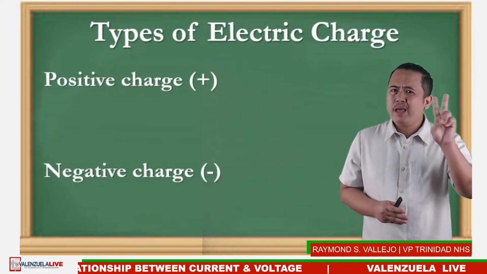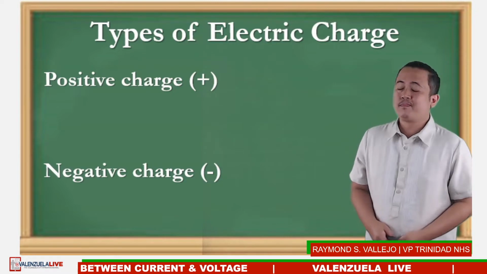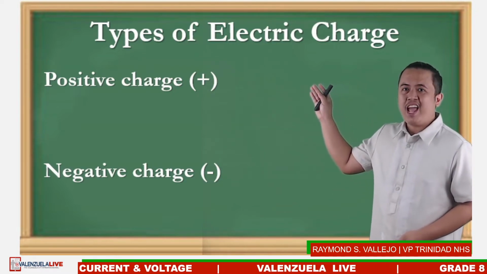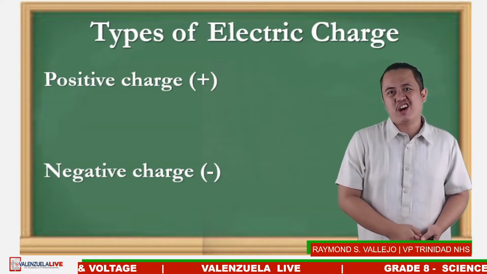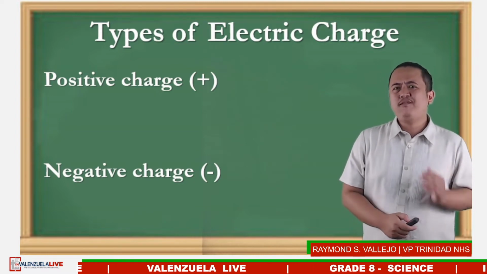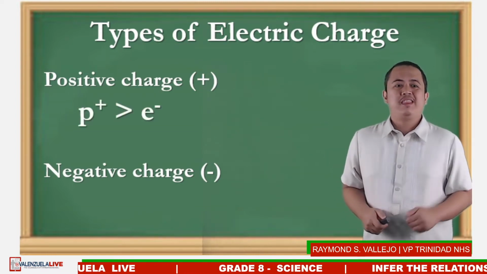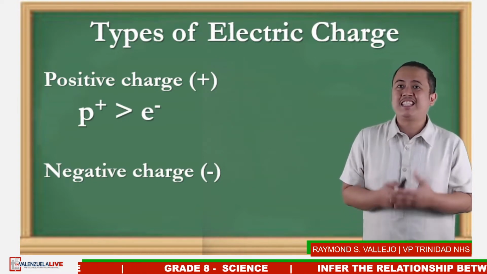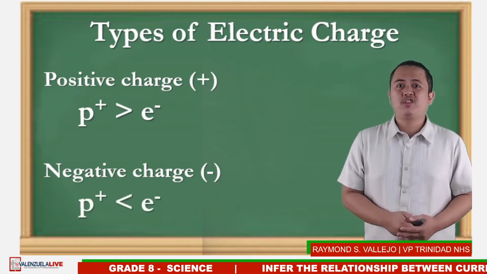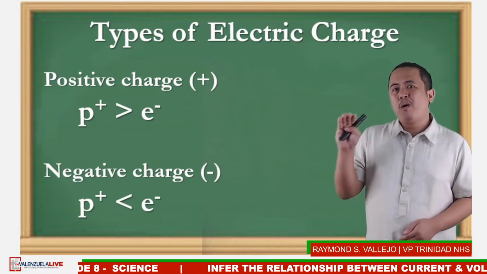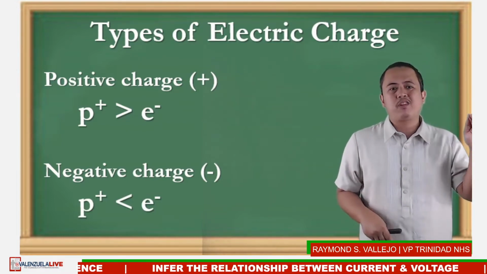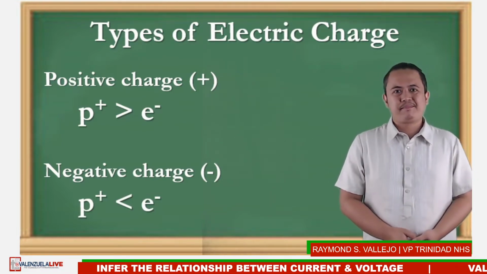There are two types of electric charge: positive charge and negative charge. A positive charge occurs if there are more protons than electrons in a system. A negative charge occurs if there are more electrons than protons in a system.